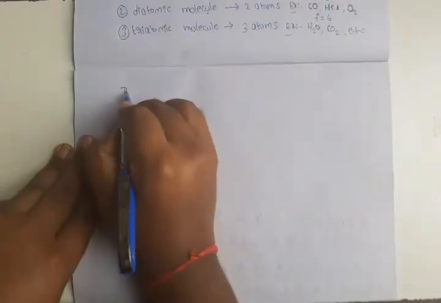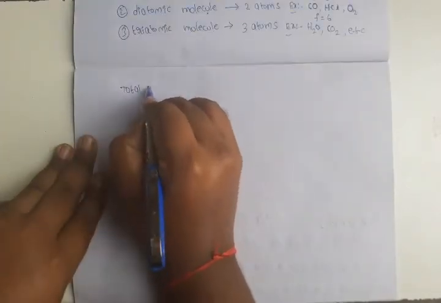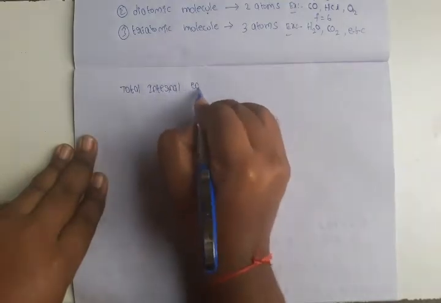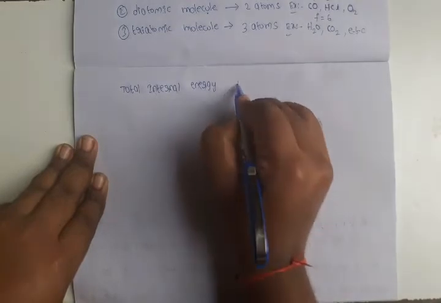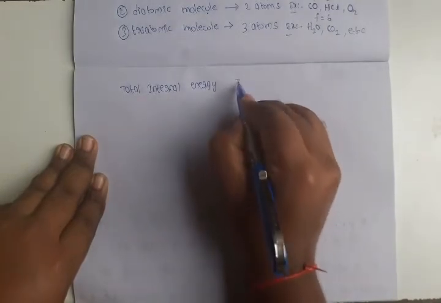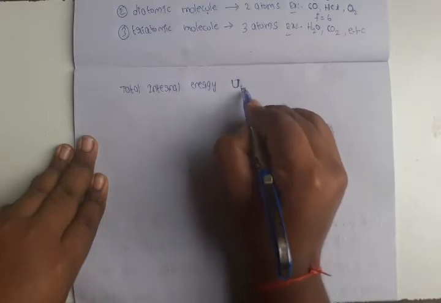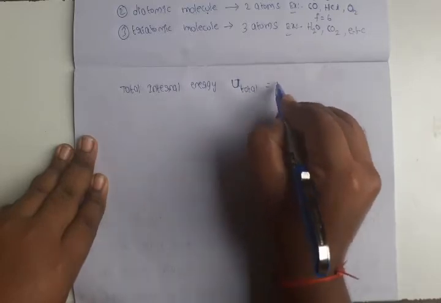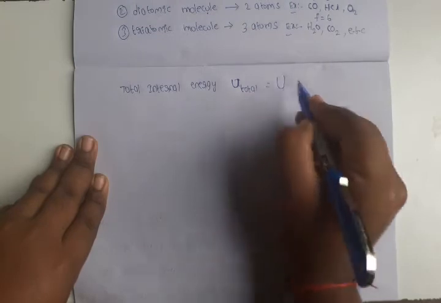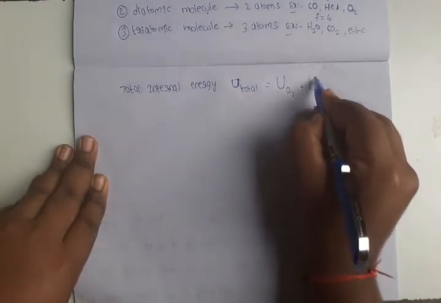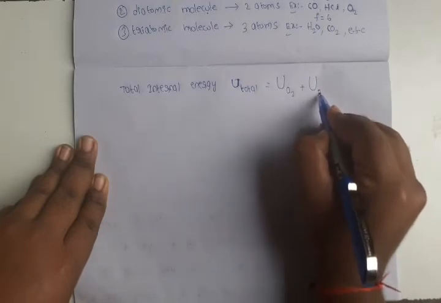Now we have to find the total internal energy. Total internal energy is denoted by the letter U. Total U equals the internal energy of the oxygen gas plus the internal energy of the argon gas.